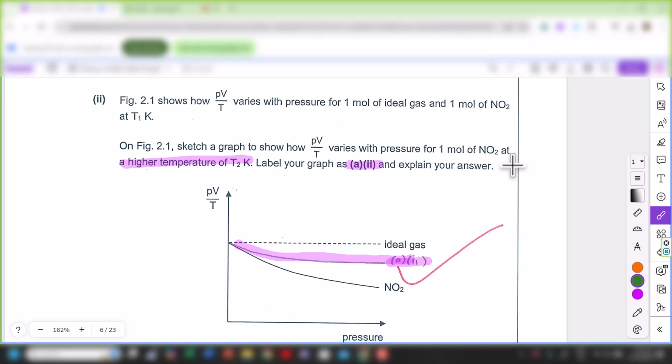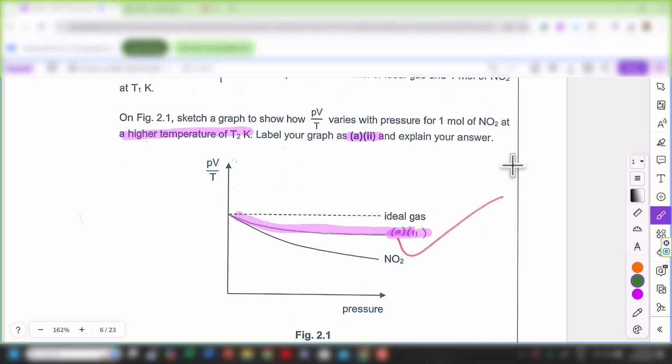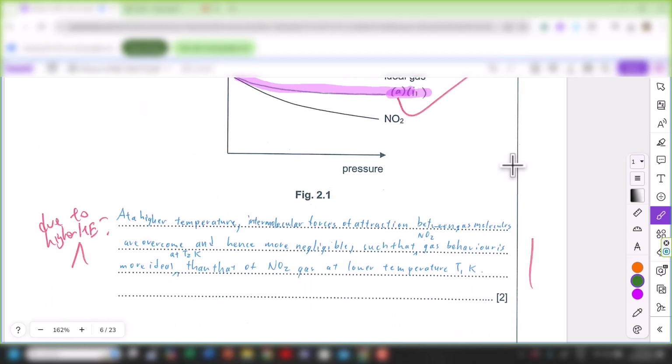So at a higher temperature, intermolecular forces of attraction between the molecules is overcome. Why is it overcome? Because they possess greater kinetic energy. So that needs to be also part of your answer.